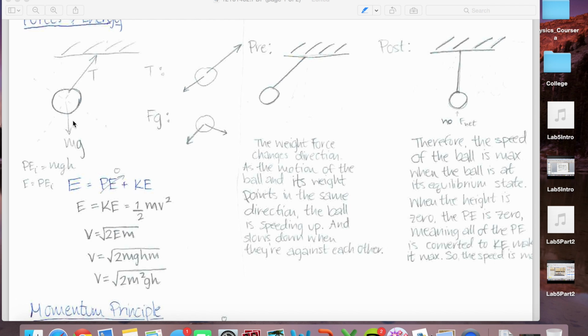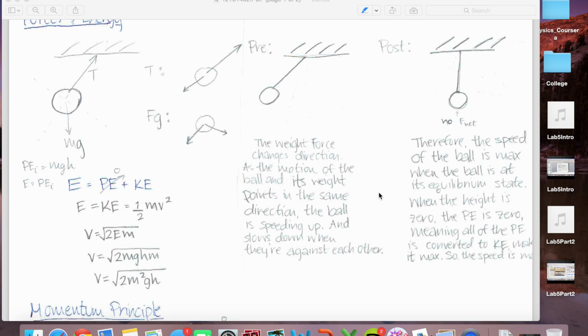We can see here the ball is swinging, and the weight force is down and the tension is over here. So we break it down into 2 components, X and Y, or parallel and perpendicular. When the ball is swinging this way, the weight force is pulling it down that way. As the height increases, the ball slows down and then it will come back to the right side.